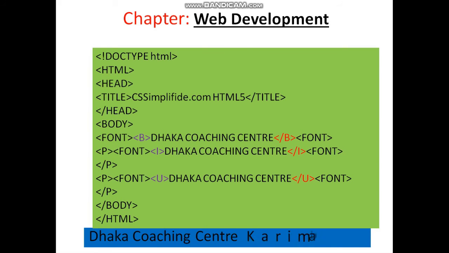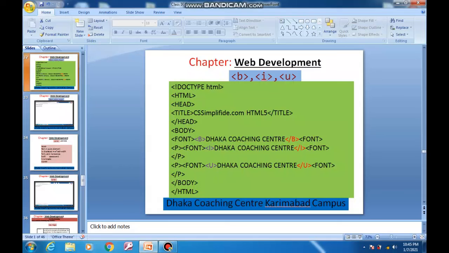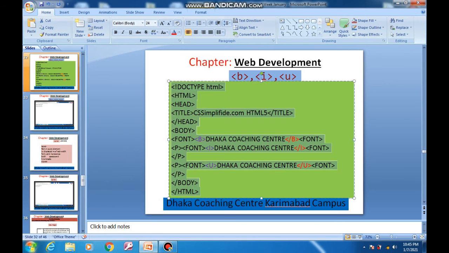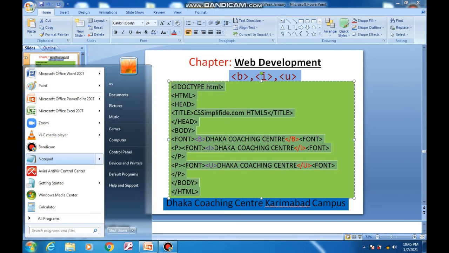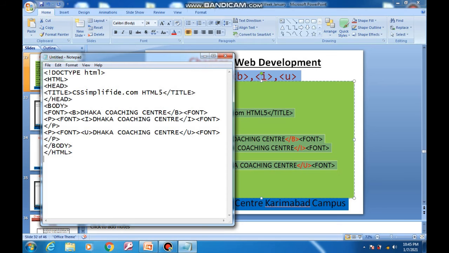Write down the program. I will show you one program, how we can write it in Notepad like this. Copy the program or write down the program in Notepad like this. Save the program.